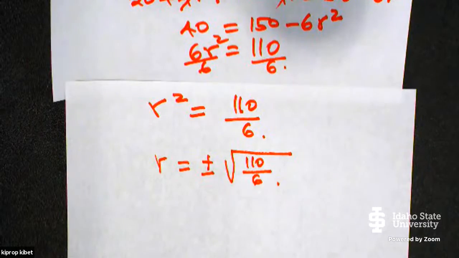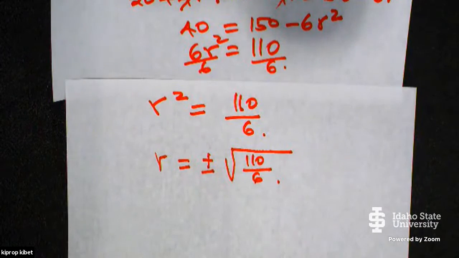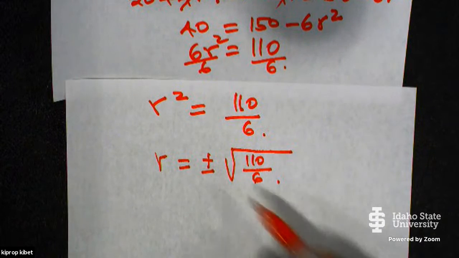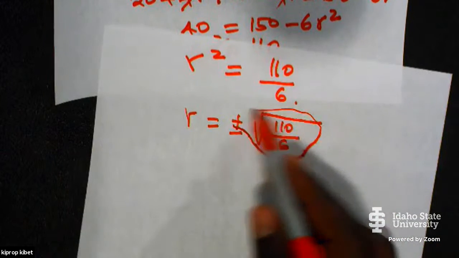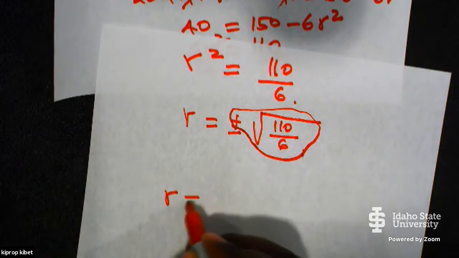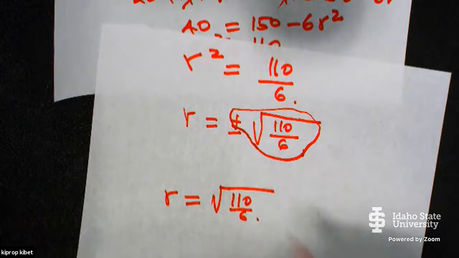Because we are taking the positive one, we take the positive value there. So R is the square root of 110 over 6.